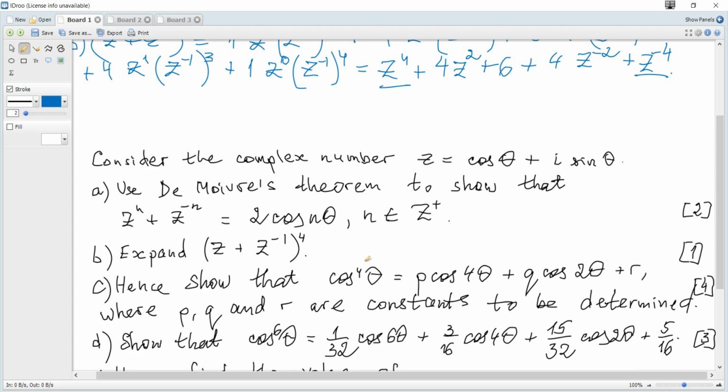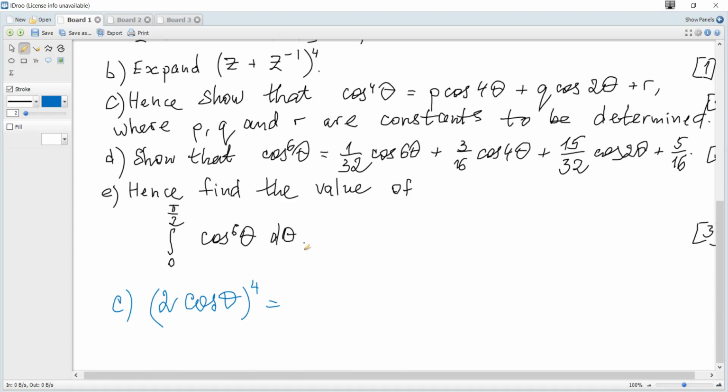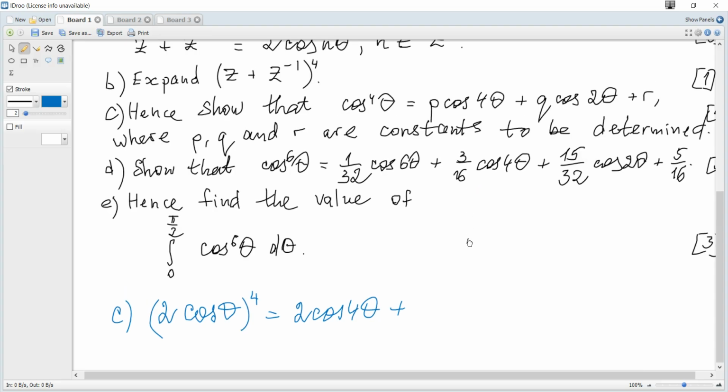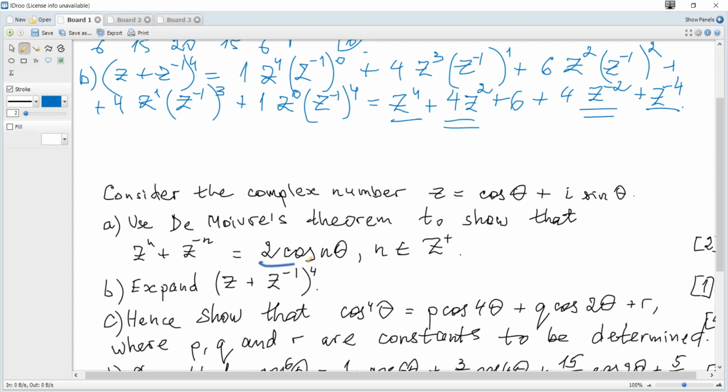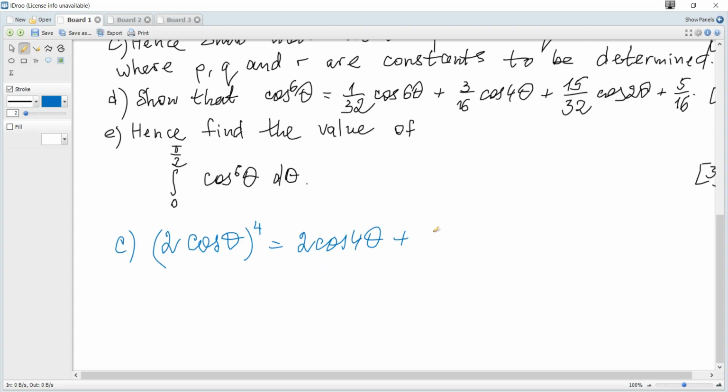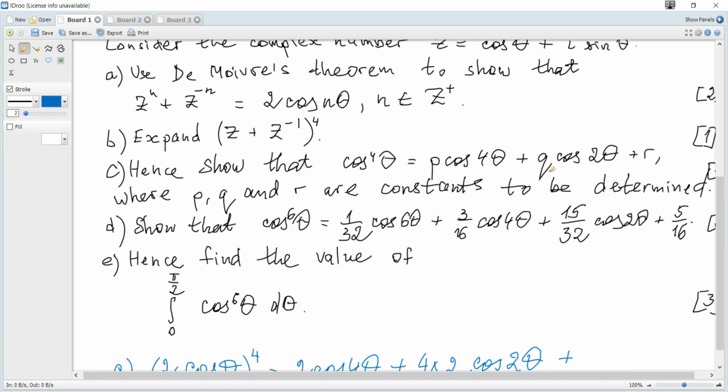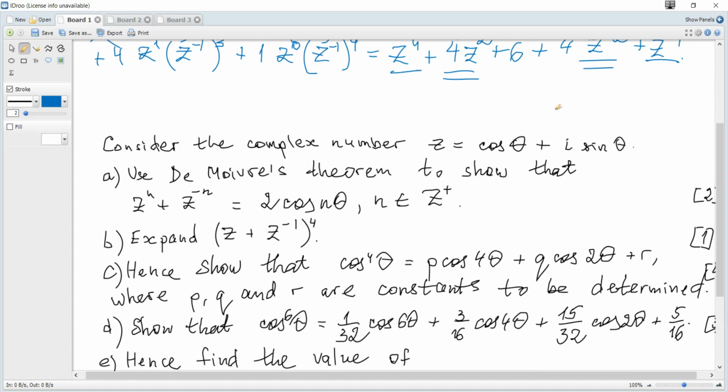The same formula with n equal to 4, so it's 2 times cosine of 4 theta plus this plus this. But you can see that 4 is a common factor, so it becomes 4 times this, and n is 2. So it's 4 times 2 times cosine of 2 theta, and plus just 6.